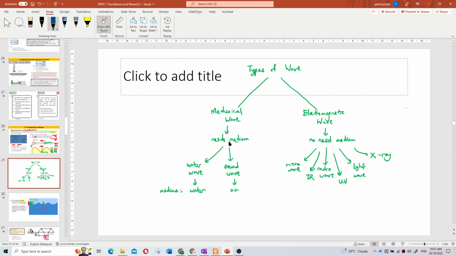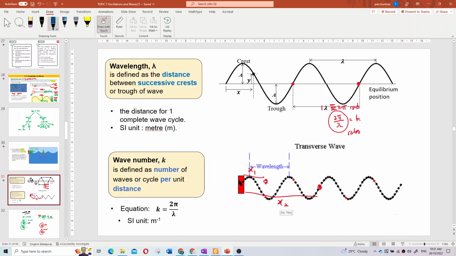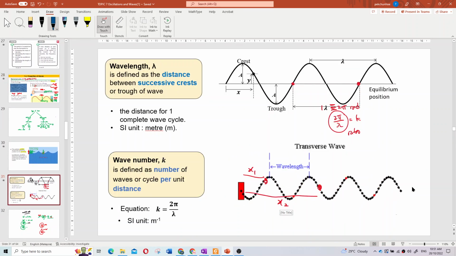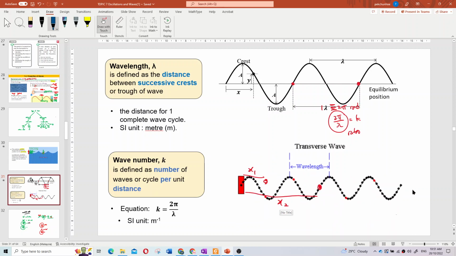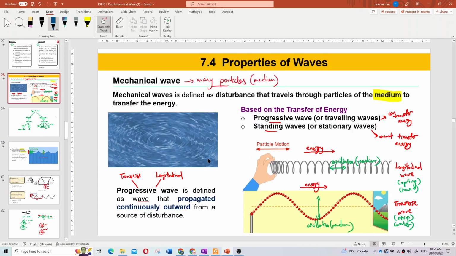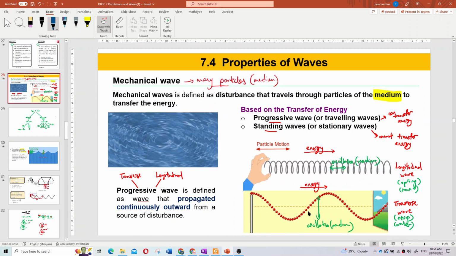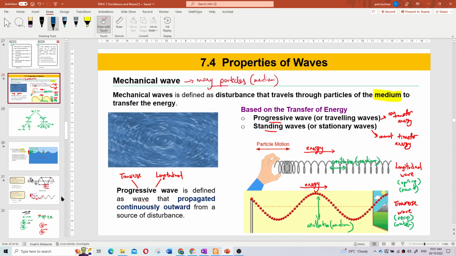But a mechanical wave needs a medium. Apa yang you nampak di sini? This is the medium. What is this? This is medium particles. You understand? Oscillation of many medium particles.